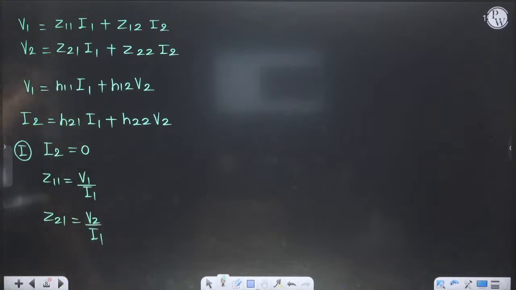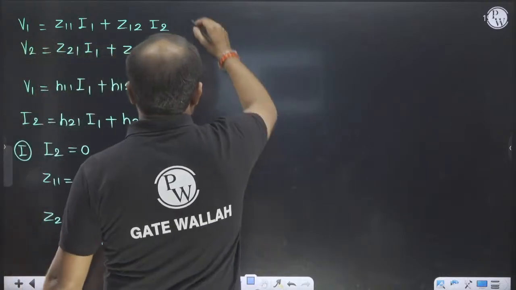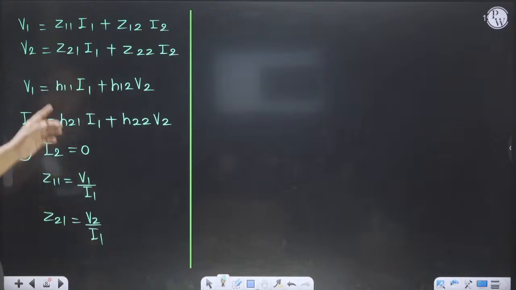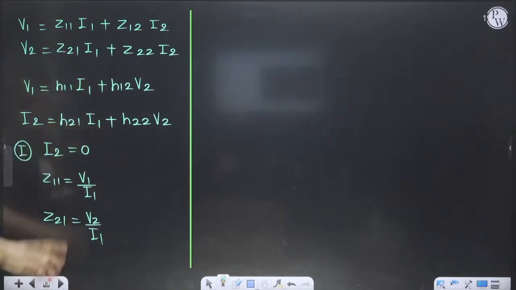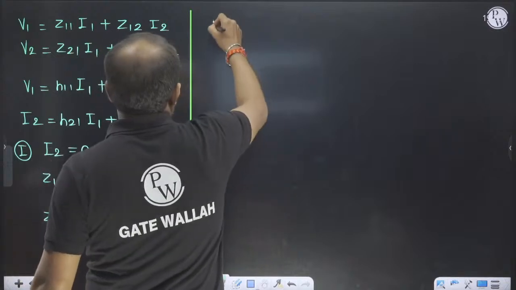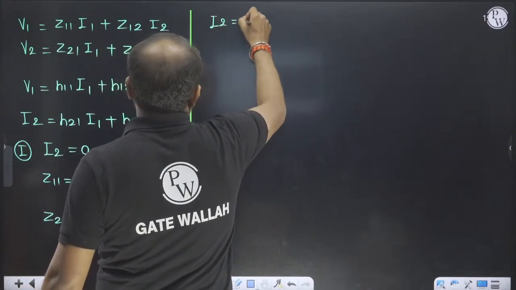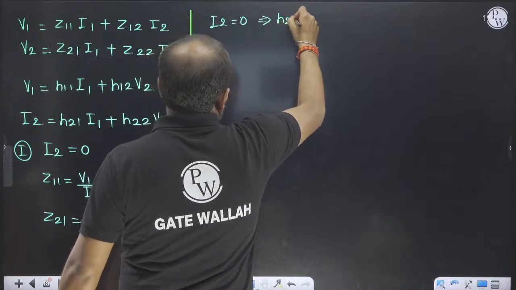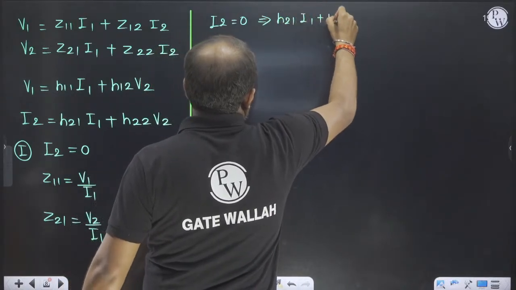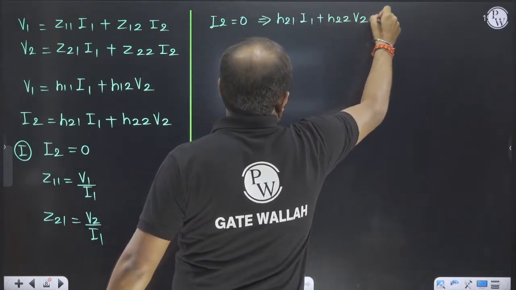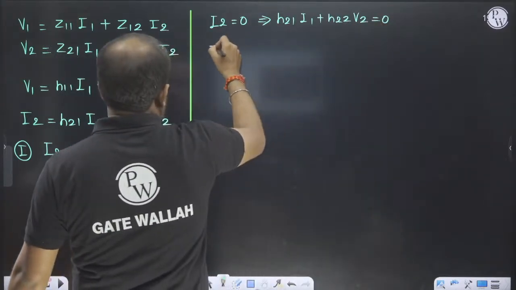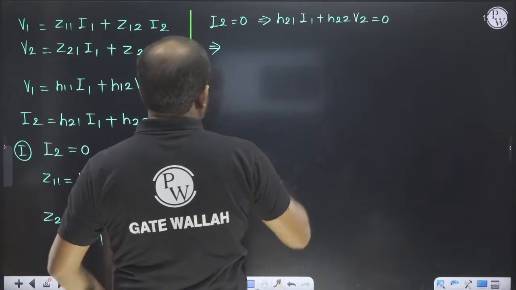Yes sir. So I will try to find this in terms of H parameter. So I will make I2 equal to 0, then there is a relation. What will happen? H21 I1 plus H22 V2 will be equal to 0. So we will find V2 by I1.